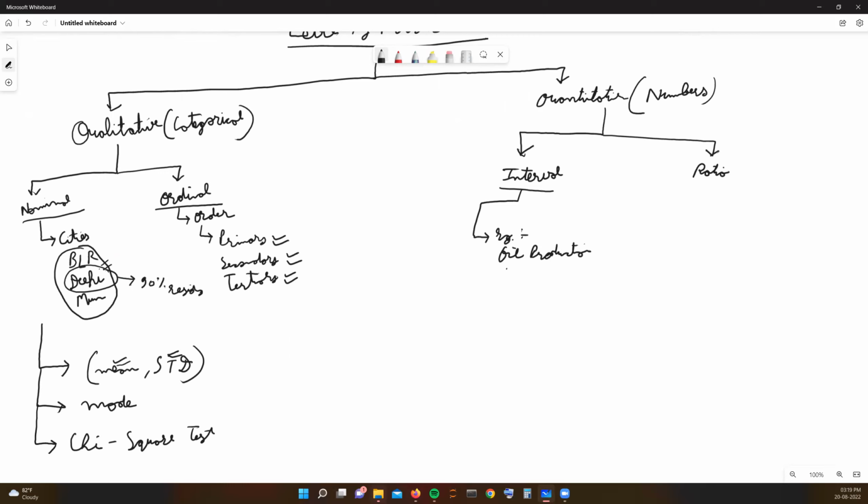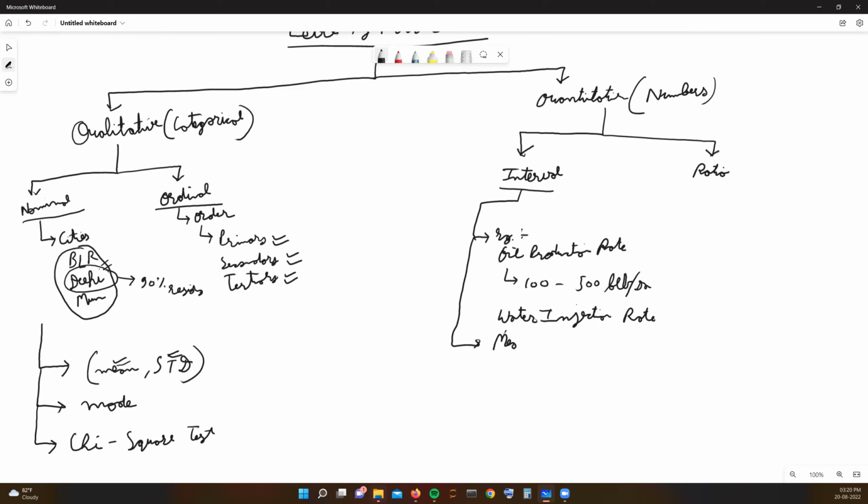For example, it can range from 100 to 500 barrels per day. In between that, it can be any value. Oil production or your water injection rate. These will come inside your interval type of quantitative data, right? Here we can calculate mean, median, or mode.